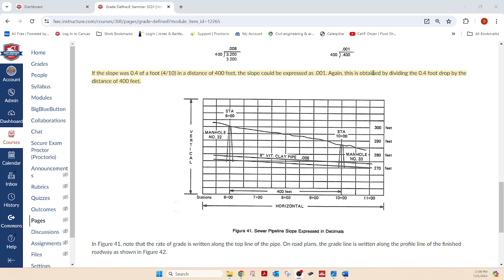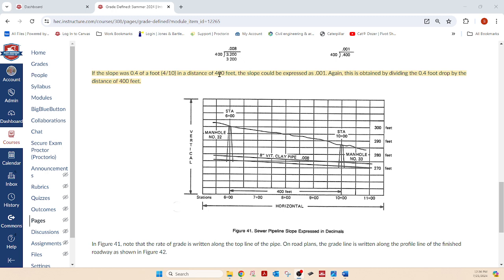Now, again, this is obtained by dividing the vertical 4/10 by the horizontal 400. Do that. 4/10 divided by 400, right?